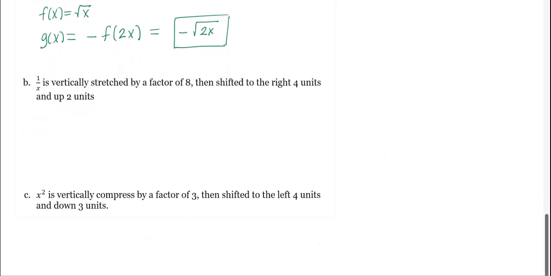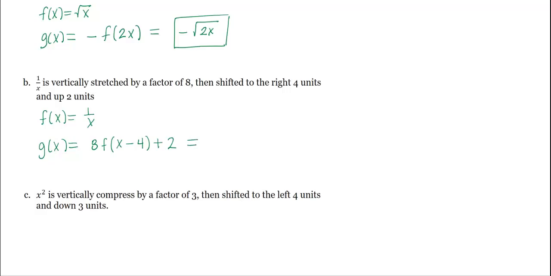For example B, we're starting with the base graph of 1 over x. Our new function is going to be taking the original, vertically stretching it by a factor of 8, so that'll be 8 multiplied on the outside. And then we're shifting to the right by 4 units. That means that we will subtract 4 on the inside, and then up 2, that's a +2.